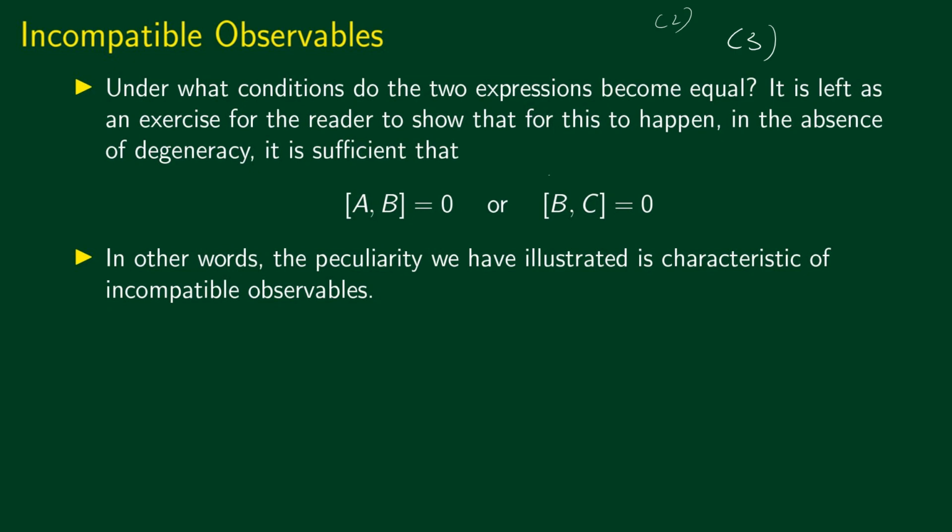You just use the orthonormality relation, and you'll see that expression 3 will reduce to expression 2. This is, of course, in the absence of degeneracy. In the case of degeneracy, it's a little more complicated, but the basic logic is the same. So the peculiarity we have illustrated is characteristic of incompatible observables.